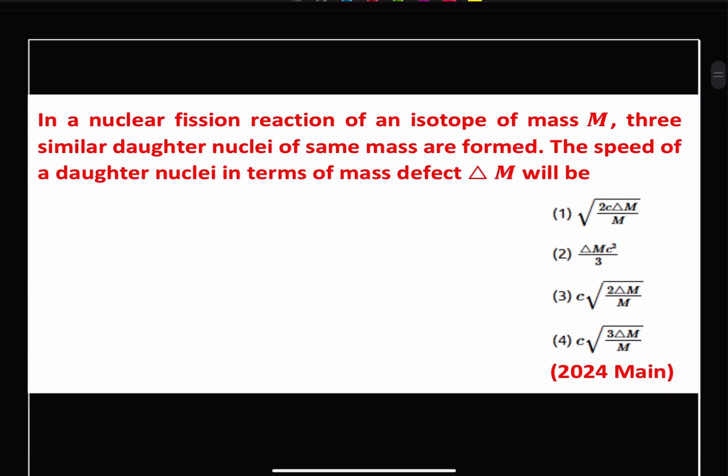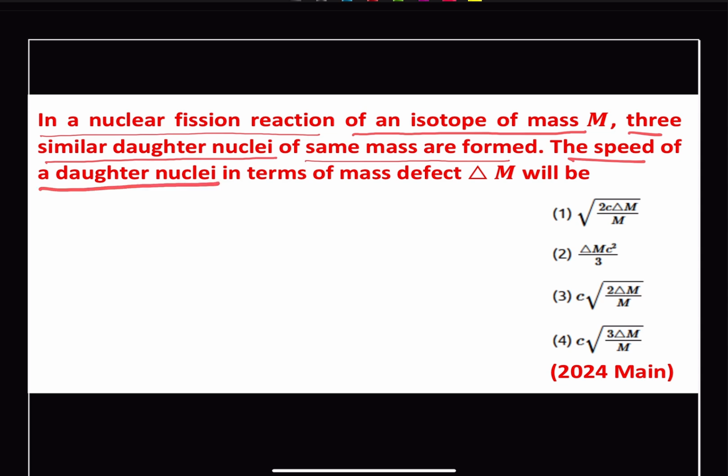It states that in a nuclear fission reaction of an isotope of mass M, three similar daughter nuclei of the same mass are formed. The speed of a daughter nucleus in terms of mass defect delta m will be.